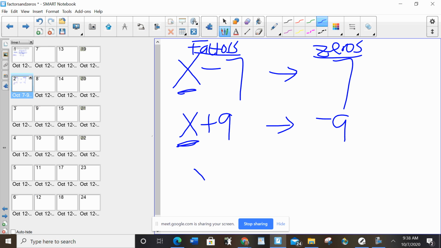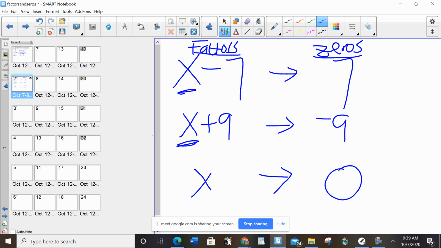Now, a little twist. We're changing the sign of what's being added or subtracted to the x. So what's being added or subtracted to the x? Well, 0 is. So if the factor is x, then the 0 is 0. So that's kind of a little twist. If your factor is x, your 0 is 0, and vice versa.